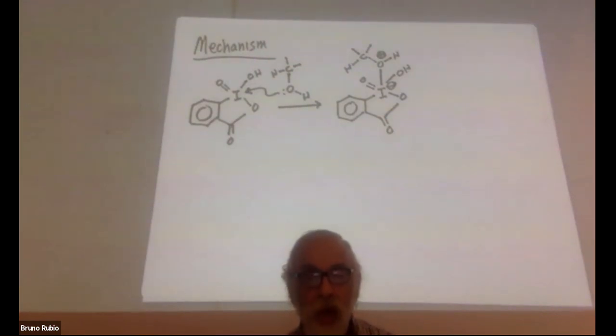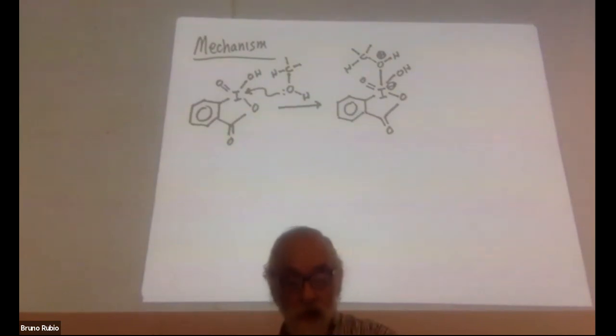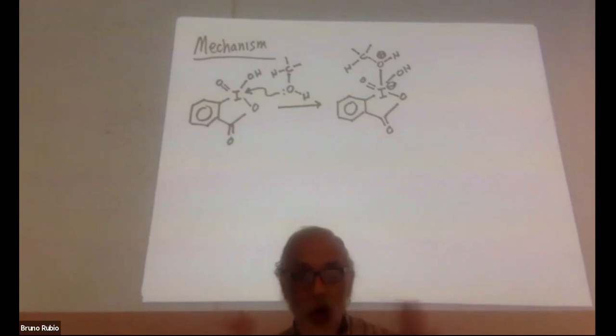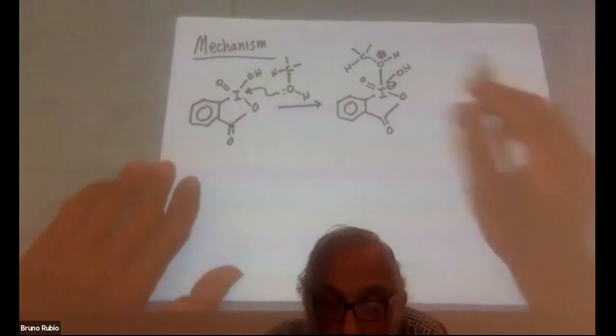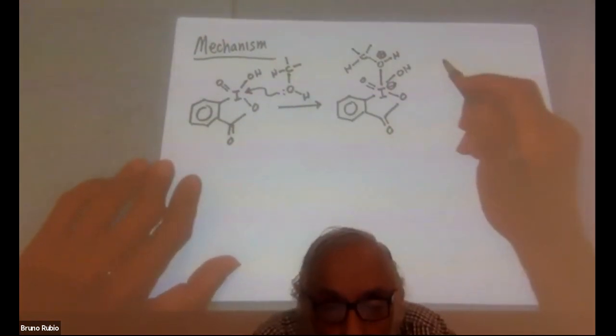That oxonium ion undergoes a deprotonation. That proton goes off into the solution, but there are a lot of other protons around, and so one of them comes back on this OH2 here.